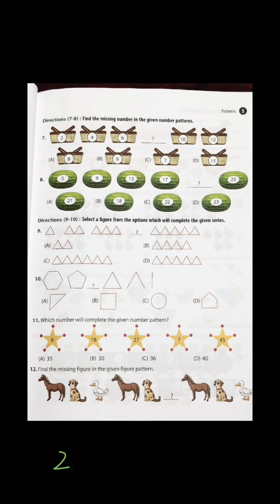So 2 plus 2 is 4, and 4 plus 2 is 6, and 6 plus 2 is what? Yes, 6 plus 2 is 8. So our answer will be A, 8.